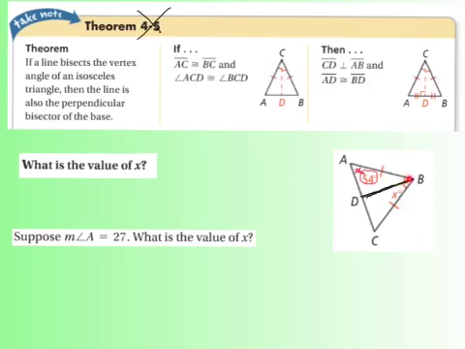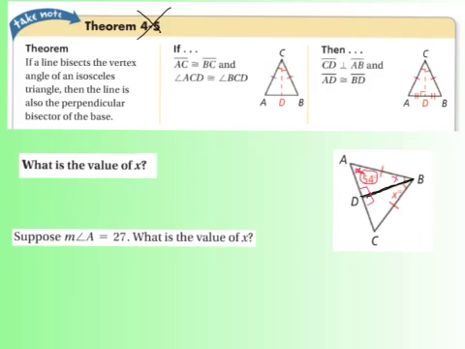I know that this angle bisector is also a perpendicular bisector by the theorem above. So I know that this angle right here is 90 degrees and this angle right here is 90 degrees. And since the angles up top are congruent, then I know this is x right here.